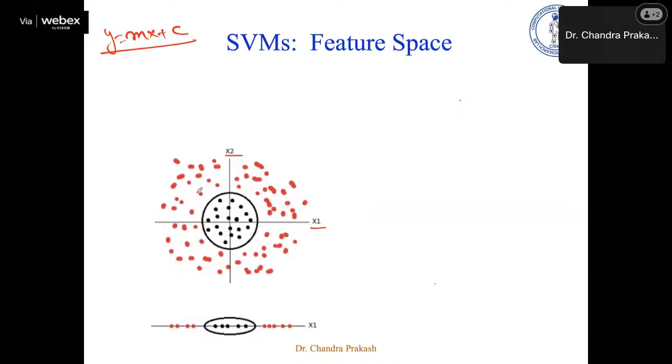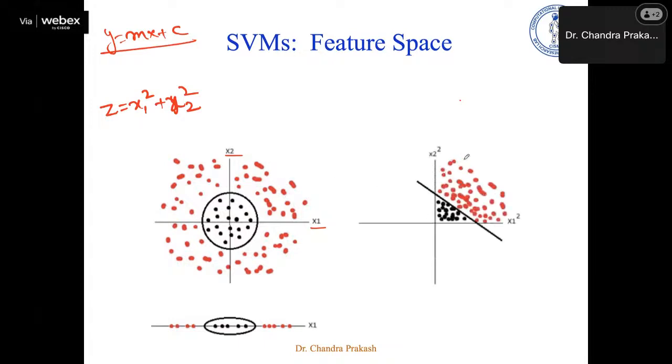So what we can do, we can consider z as x1 square and over here x2 is there, so x2 square, right? And then if we apply this over here, all the data points will be like this, right?